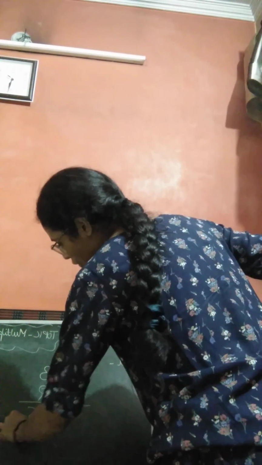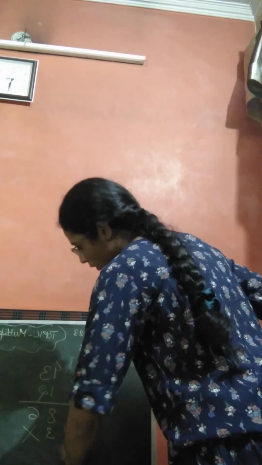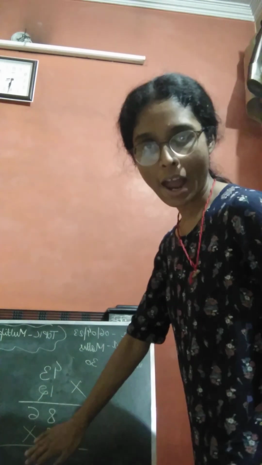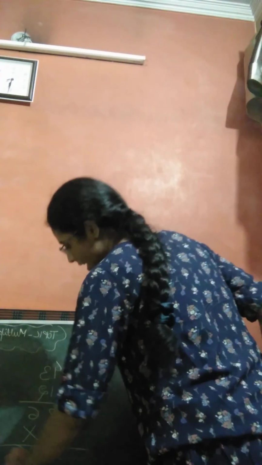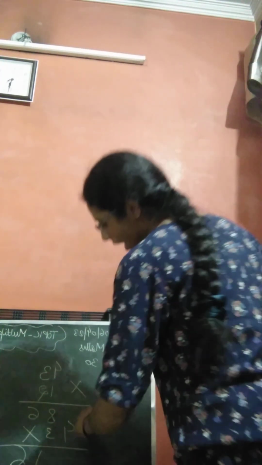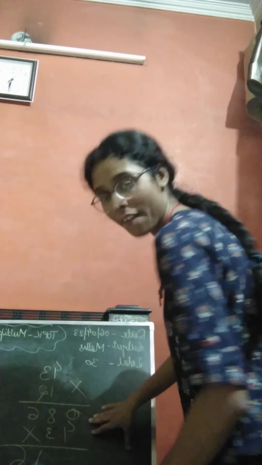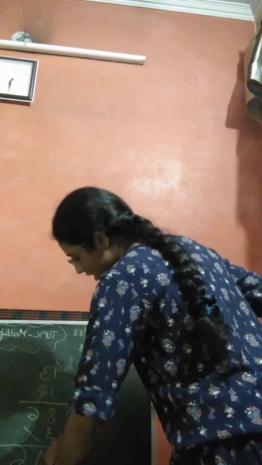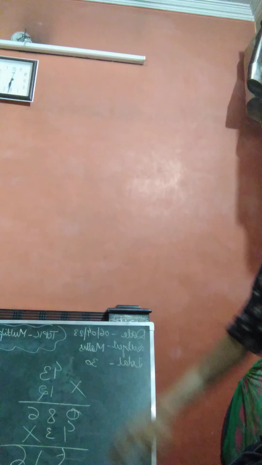So here we have to put a cross or a 0. Then 3 ones are 3 and 4 ones are 4. Now we need to add both of these. So it will be 6, 8 plus 3 is 11, and 4 plus 1, that is the carry. If we add both of these, it will be 516. 516 is our answer, okay?